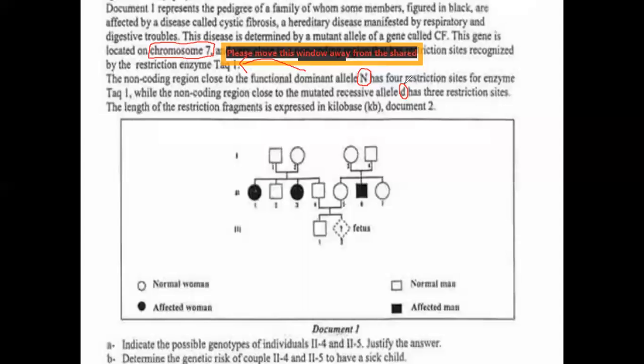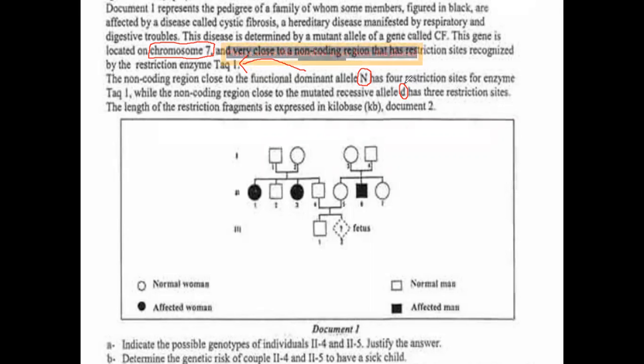They told you that the functional dominant allele has 4 restriction sites, and the non-coding region close to the mutated one has 3 restriction sites. So here they determined the number of restriction sites for each of the normal and the mutated one. The length of each fragment is shown in document 2 in kilobase.